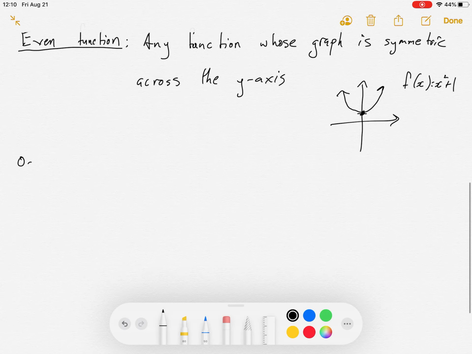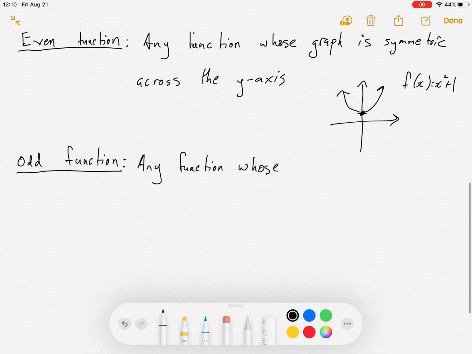And an odd function is any function whose graph is symmetric about the origin.